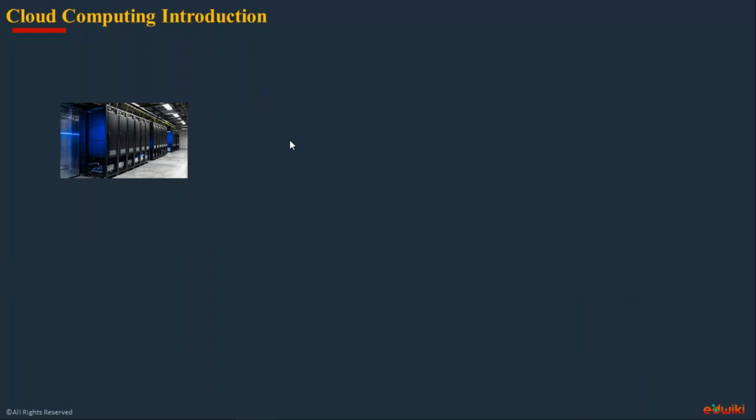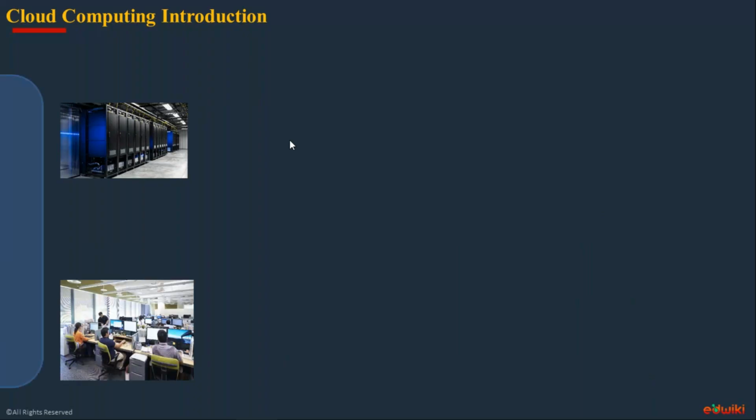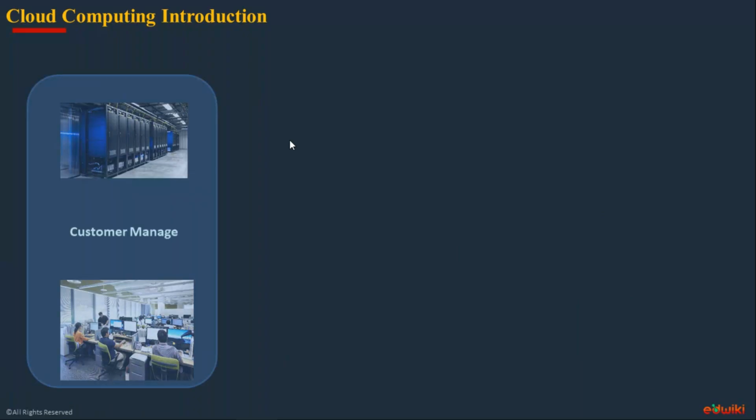Let's say in this cloud computing introduction slide, this is what is called customer managed or on-premises. What does it mean? If I need to run an online shopping portal business, as a business owner I will be maintaining my own data center. I'll purchase the servers, sorry, the systems. Systems and servers are the same, guys.